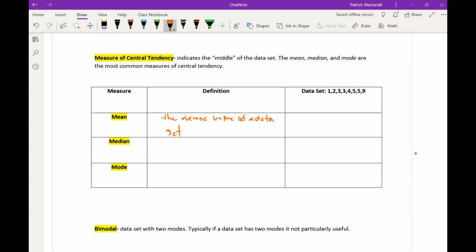The median is the middle value of a data set if it has an odd number of values.